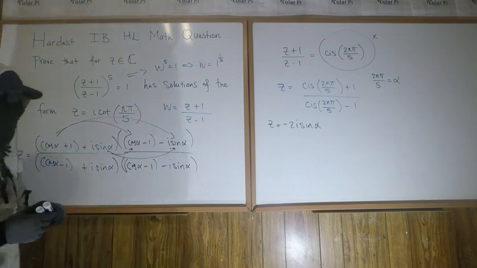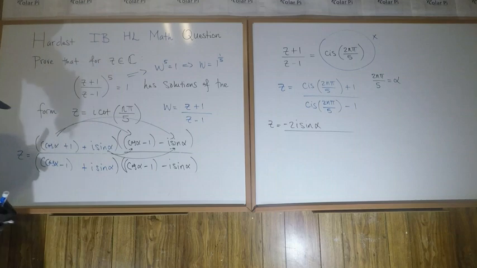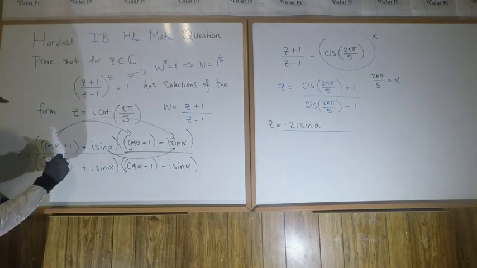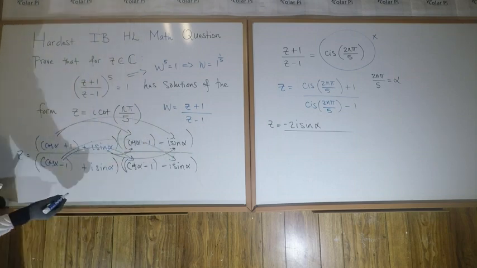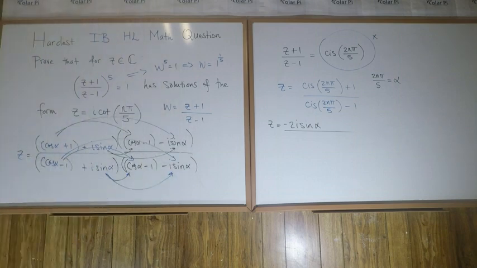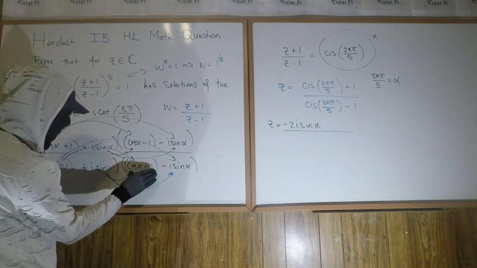So what about the denominator? Because we still have to do the denominator, don't we? And in the denominator, the first arrow in the foiling is going to be multiply these two, and then the next arrow is multiply these two, then these two, then these two. But if you look, big picture, there's a difference of squares situation, because cosine alpha minus 1 is the same as this here.